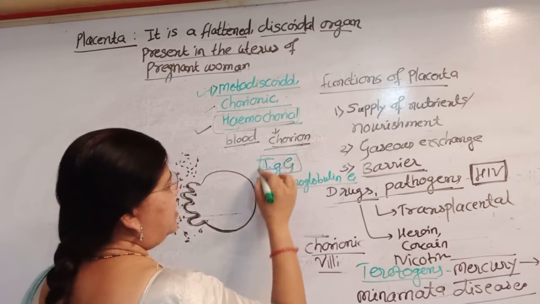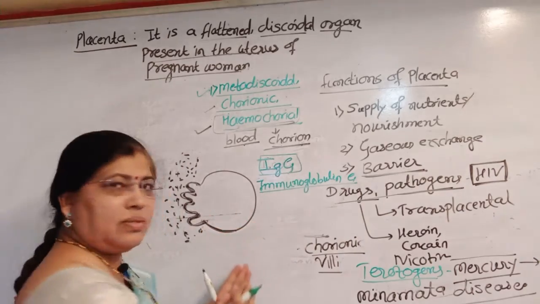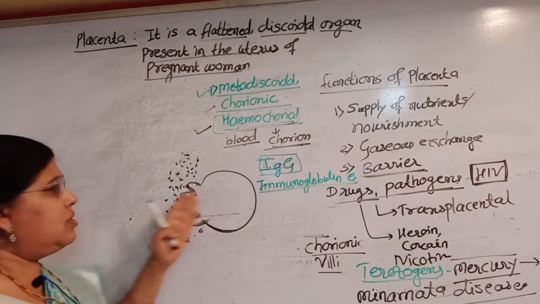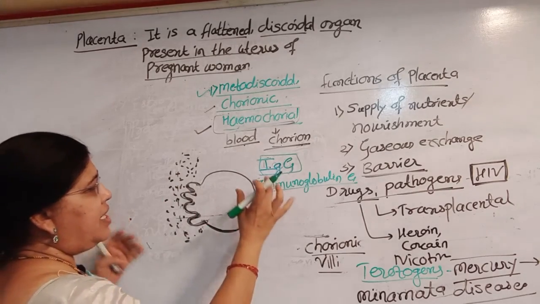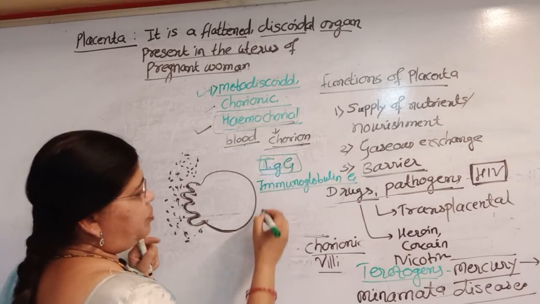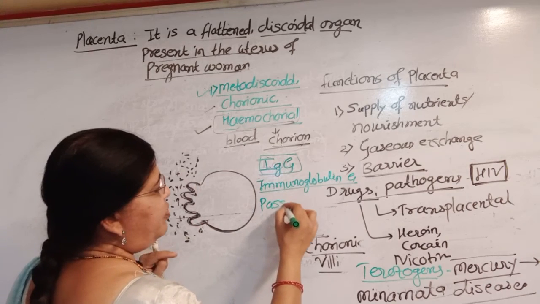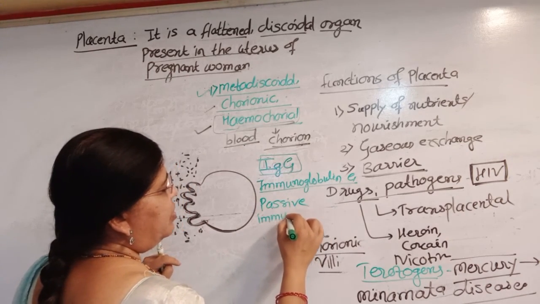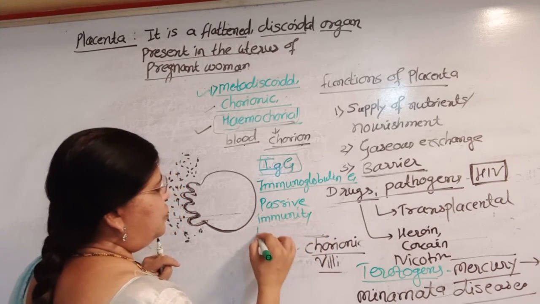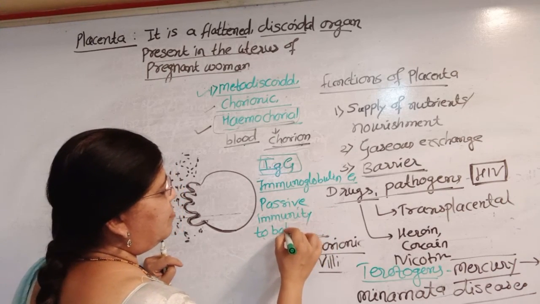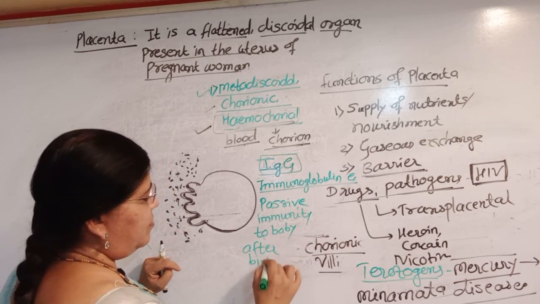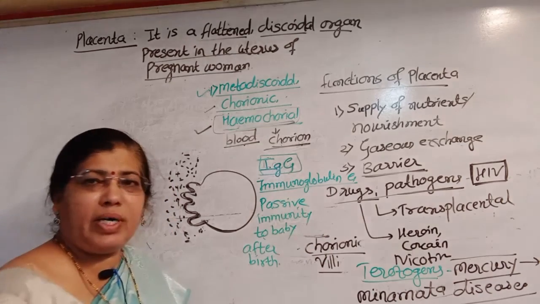These antibodies from the mother's blood circulation enter into the fetus through the placenta, and these antibodies provide passive immunity to the baby after birth. So this is a very important point.